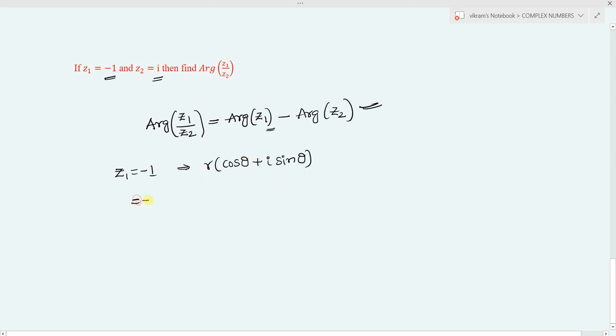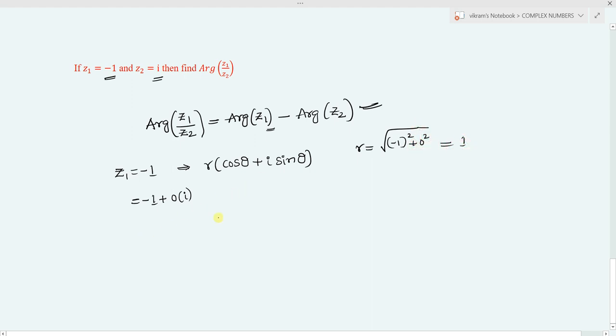Here z1 equals minus 1 plus 0 into i. Then r equals square root of minus 1 square plus 0 square, which is simply r equals 1 itself.